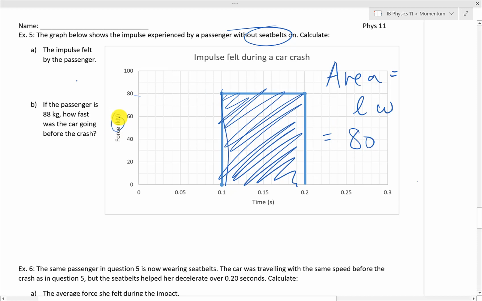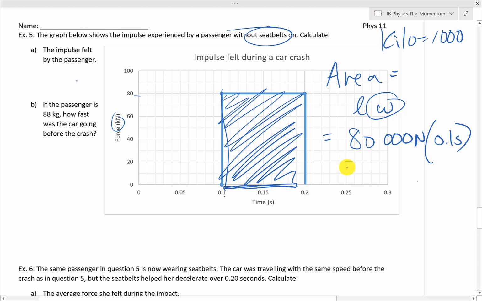Don't forget to read your axes properly. Whenever you see the word kilo, that just means 1,000. So I'm going to add 3 zeros here. And that's going to be multiplied by the width here, in this case the time. So the difference between 0.1 and 0.2 is just 0.1 of a second. Multiplying these two, we get 8,000, moving the decimal place 1 over. And this is newton seconds.